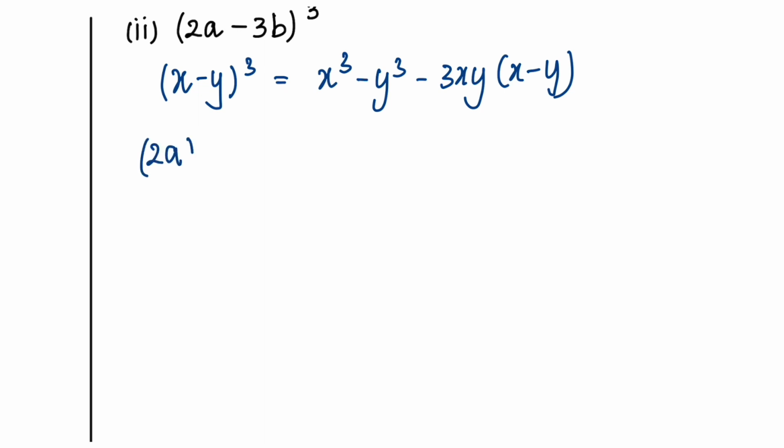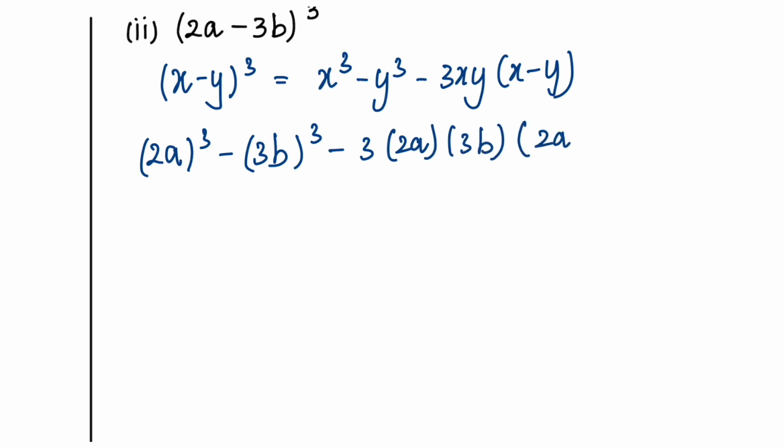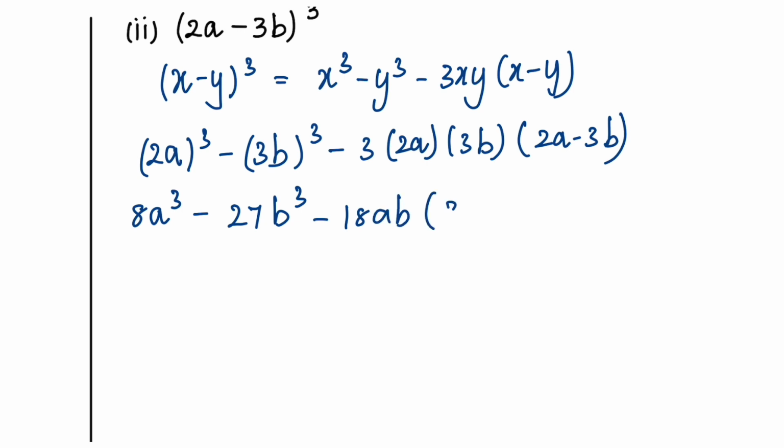So 2a the whole cube minus 3b the whole cube minus 3 into x is 2a and y is 3b into x minus y. So 2a minus 3b. So 2a the whole cube is 8a cube minus 3b the whole cube is 27b cube minus 3 into 2 is 6, 6 times 3 is 18ab into 2a minus 3b.